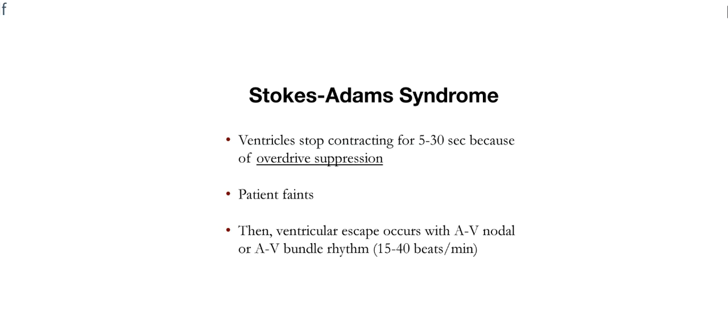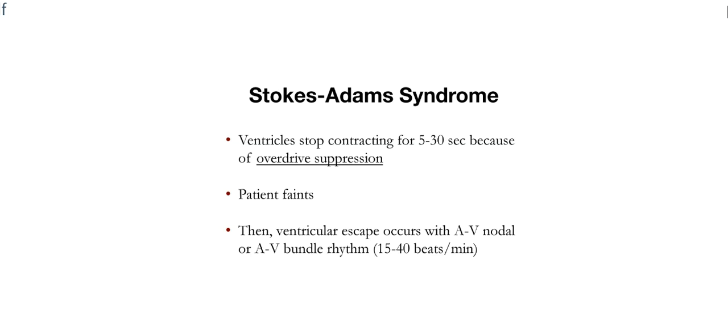The ventricles sort of stop for a second. And only after they start to activate a little bit more of that funny current to allow it to depolarize, to get to the point where it can be self-sustaining, then you get that ventricular escape and it will be a much, much lower heart rate.